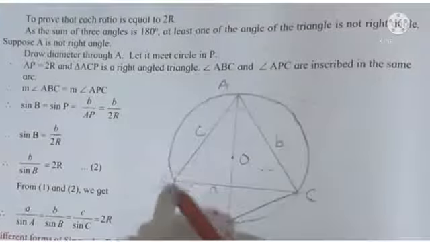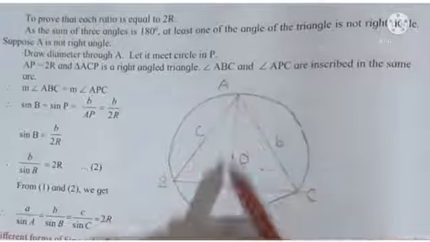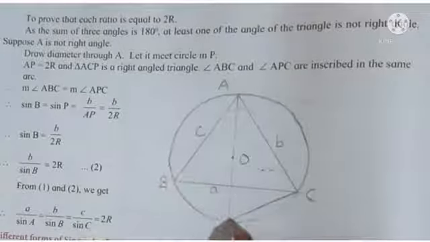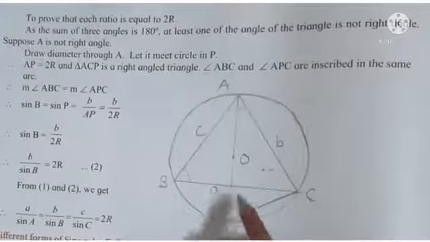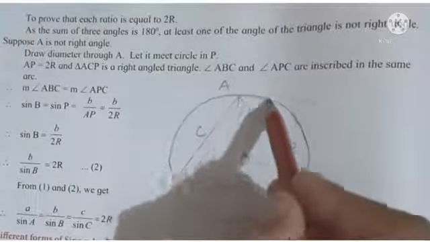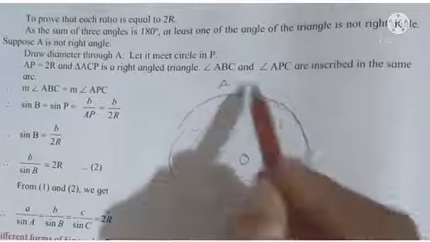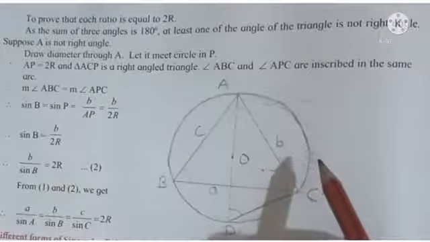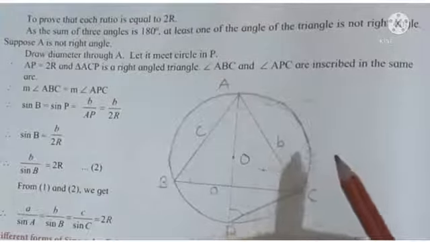Angle ABC and angle APC are inscribed in the same arc. See, this angle B and angle P are inscribed in this same arc, arc AC. You learned in 10th standard about inscribed angle and intercepted arc.